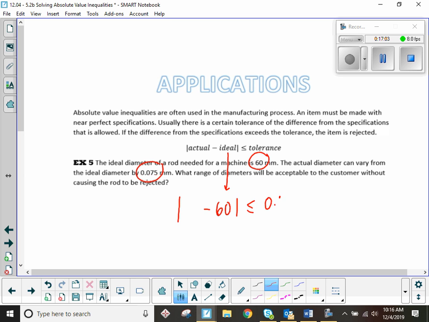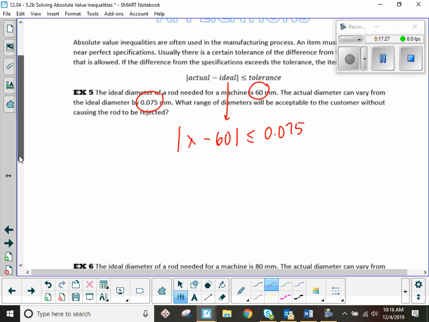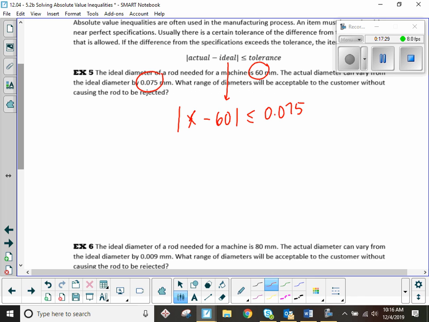Well, yeah, if it's 0.001 over, it doesn't tolerate it. The actual is your variable, because the actual diameter varies from rod to rod, right? It's producing like hundreds or thousands. So it varies. That means we're putting in a variable, x. It doesn't have to be x. It can be whatever variable you want.